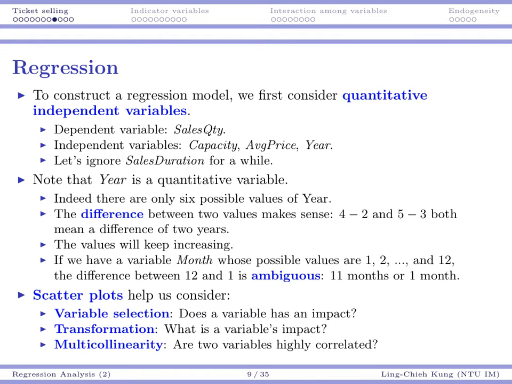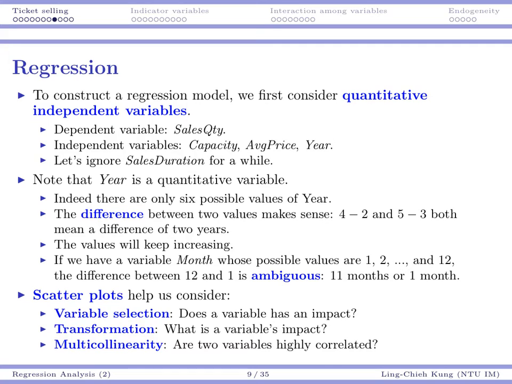Let's take another example as a counterexample. If we have a variable called month, then we know in many cases we label them as 1, 2, 3, 4 up to 12. But even though they are numbers, we don't say month is a quantitative variable because the difference between 12 and 1 can be ambiguous.